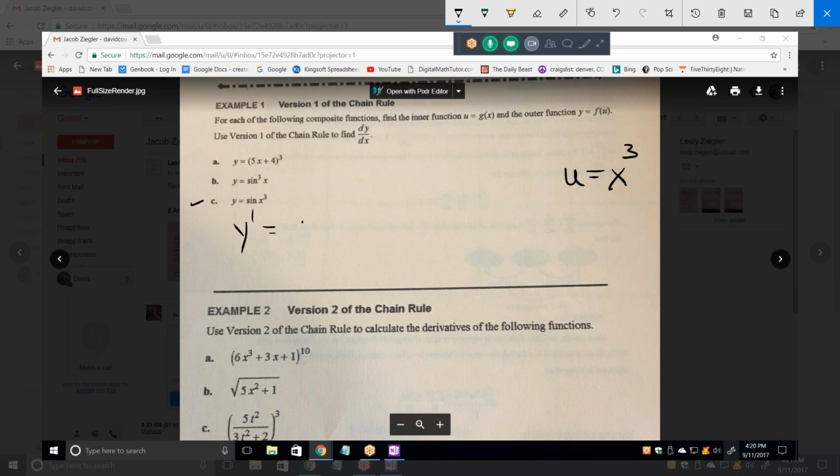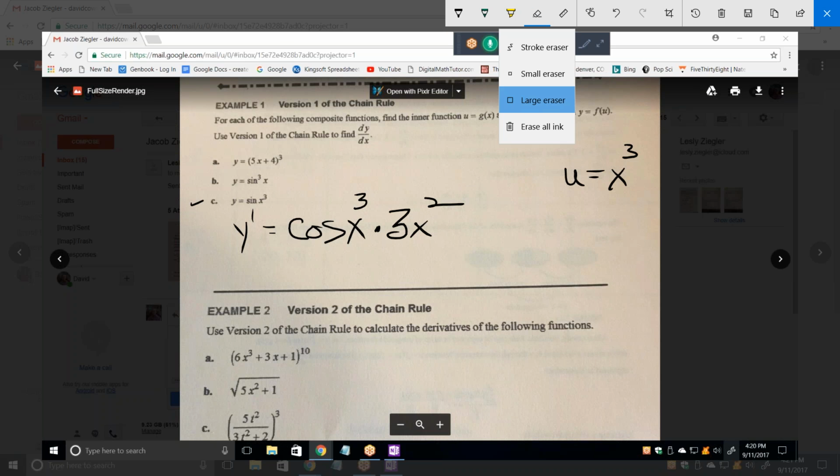Yeah, exactly. Cosine of U, which is x cubed. So there's the derivative of the outside. What's the derivative of the inside? 3x squared. Perfect. Okay? So that one's easy. The inside is pretty clearly x cubed.